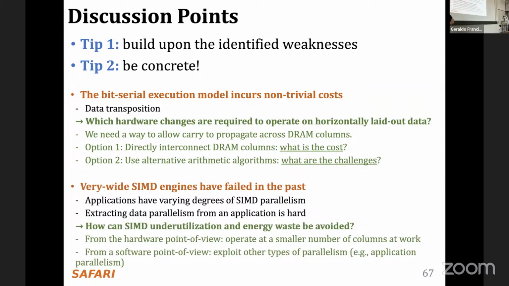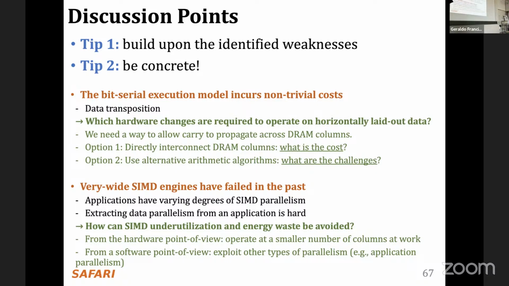The other example here is that this very wide SIMD engine has failed in the past. So how can we mitigate the underutilization that can potentially happen because of this very wide SIMD engine that you're implementing? For example, from a hardware point of view, you can chunk the DRAM array to operate in smaller segments of the DRAM row itself, right?